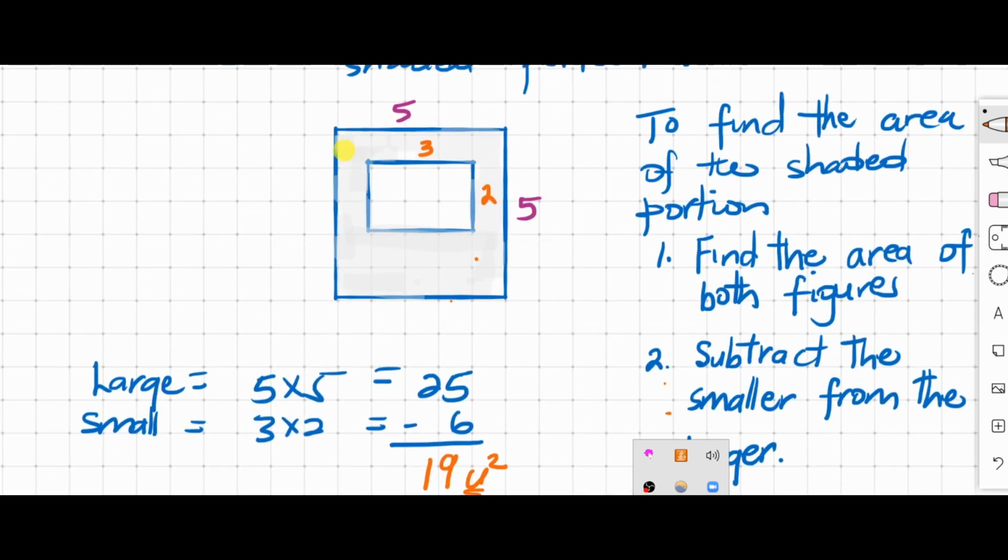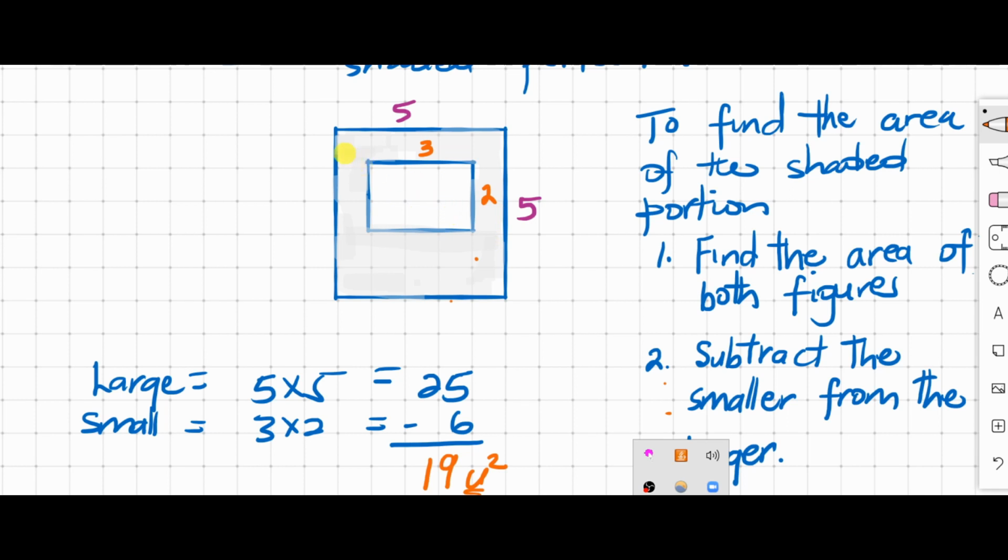If this is 5 units, I'm hoping this is large enough that you can actually see the little lines that are going through. So we have 1, 2, 3, 4, 5 that way, by 1, 2, 3, 4, 5 down. So we should have 25 in all, and then 1, 2, 3, 4, 5, 6. So that proves that.